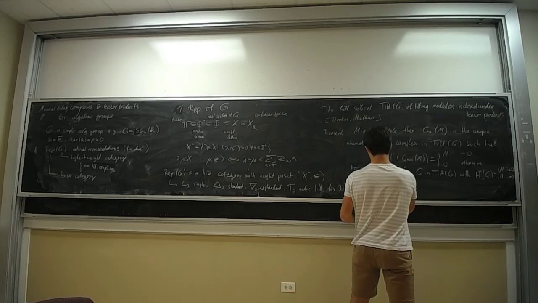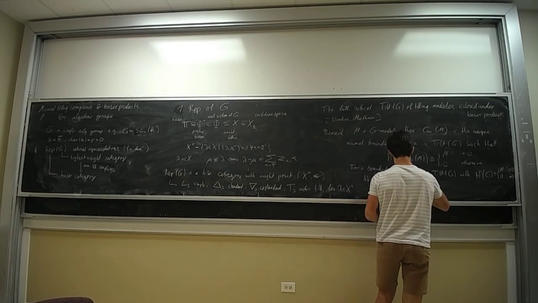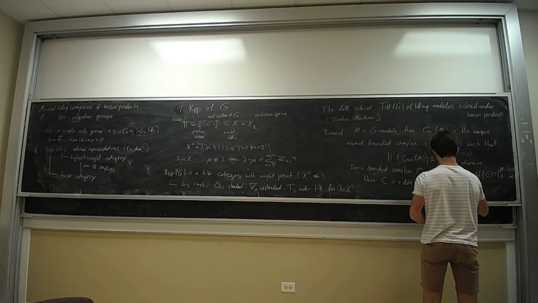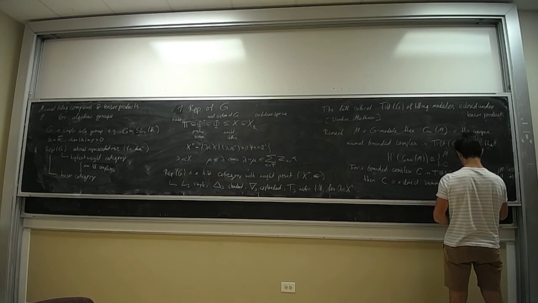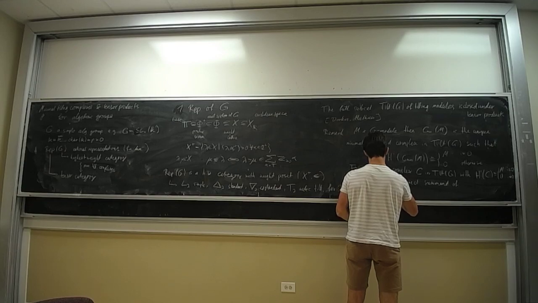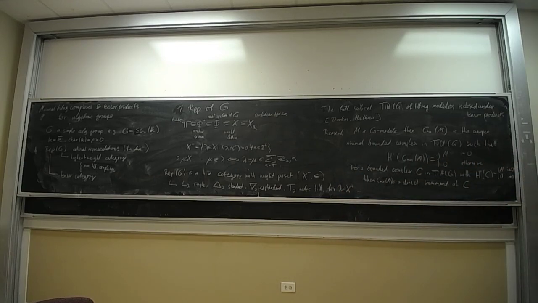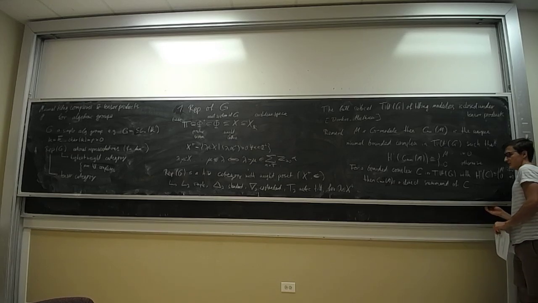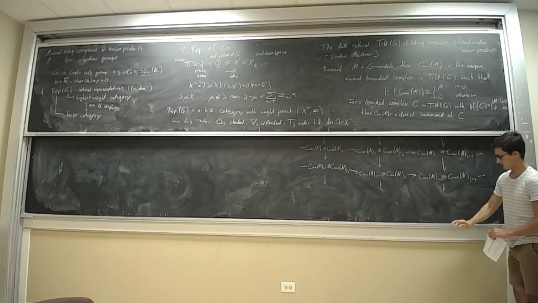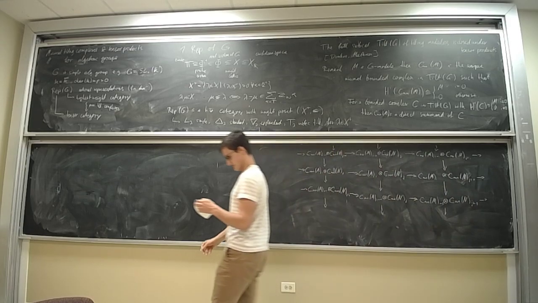So, sorry: the minimal tilting complex C min of M is a direct summand of C. Okay, so this is one remark, and then for the second remark, I'm going to use this diagram which I drew ahead of time.